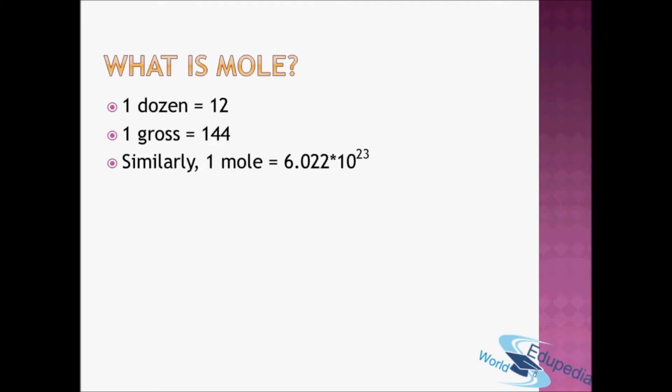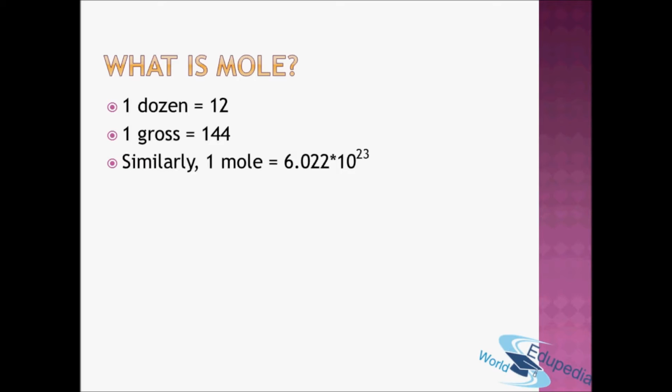Okay, so exact value of mole is, for our purposes, we'll always take mole to be 6.022 multiplied by 10 to the power 23. From here itself you can see how big that number is, how big the bunch of particles should be to call it a mole. It is 6.022 multiplied by 10 to the power 23.